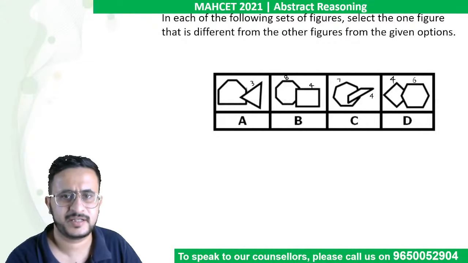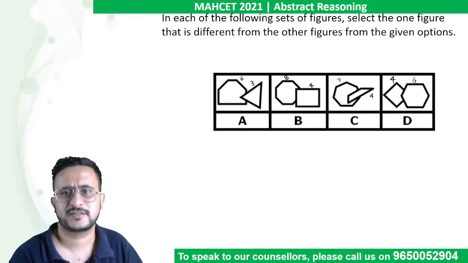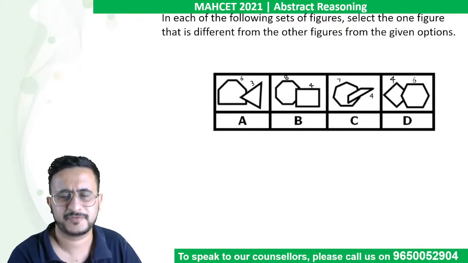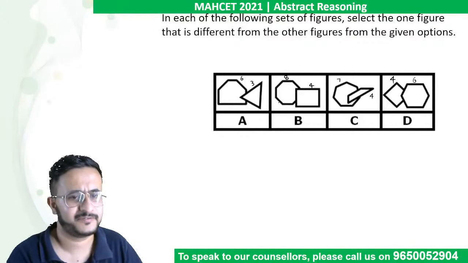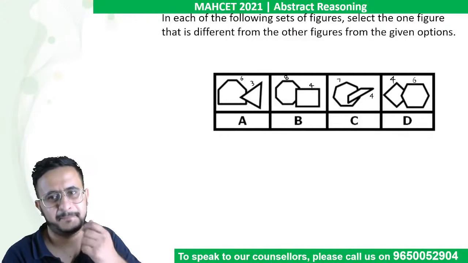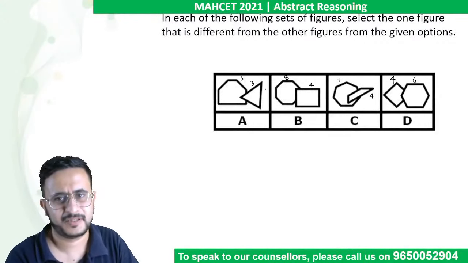This is 3 and 6. Half number of sides, not necessary. This is not half, this is not half. Only one corner inside. In this also there is only one corner inside.